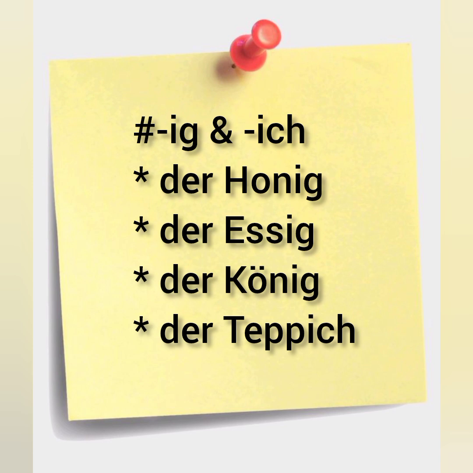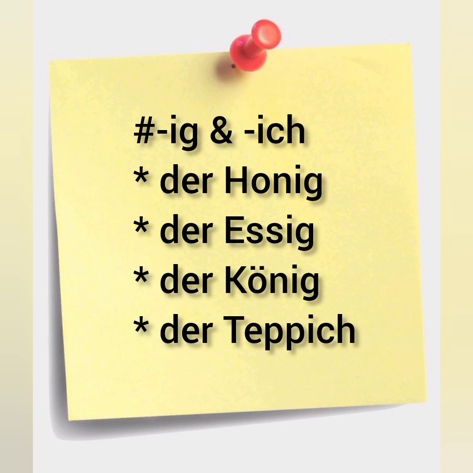Essig is vinegar. Der König. König is a king. Then there's der Teppich, carpet. So these nouns ending in ig and ich are also normally considered masculine.